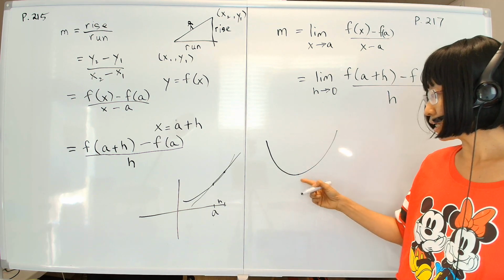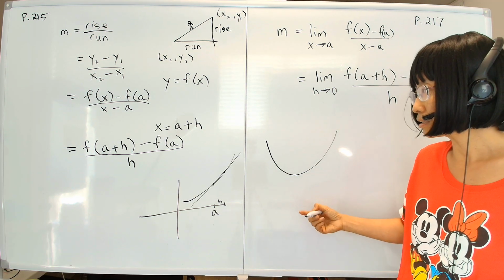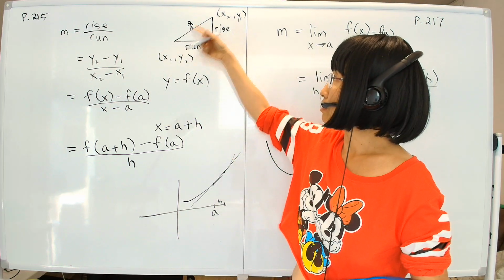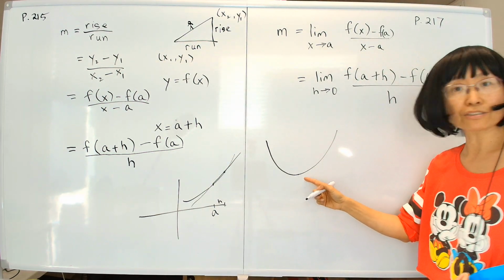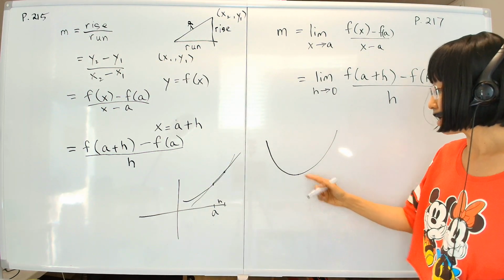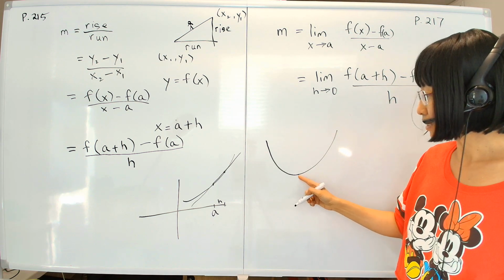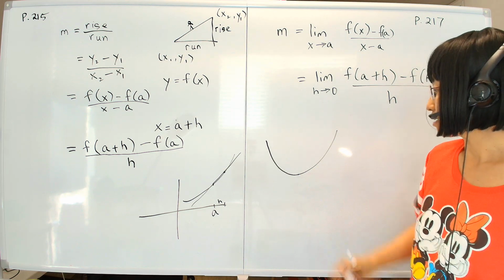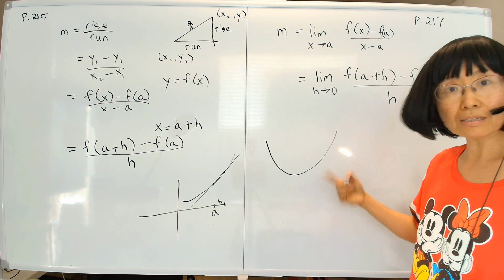In algebra, you can't calculate the slope here because slope is only defined as rise over run of a straight line, and this is not straight. This is bent. This slope here is different from this slope here, but you can't calculate it because it's changing.